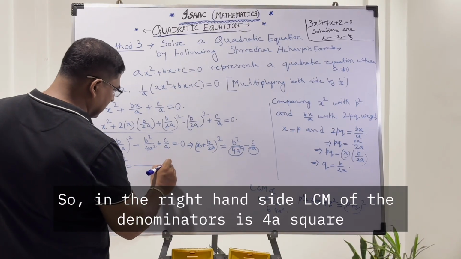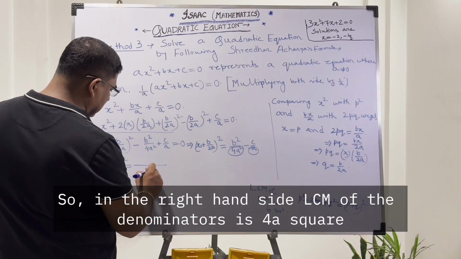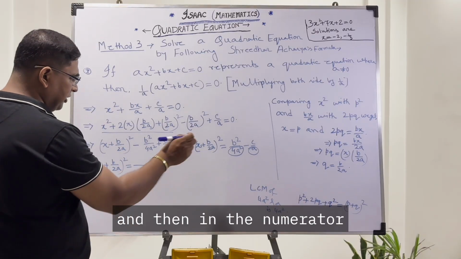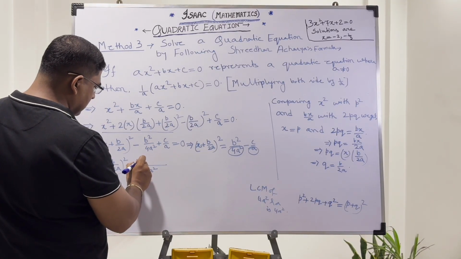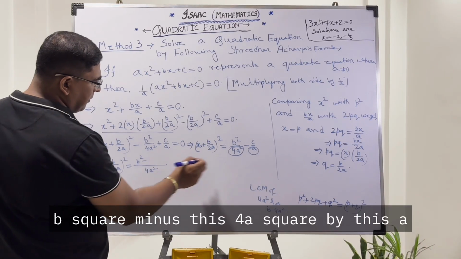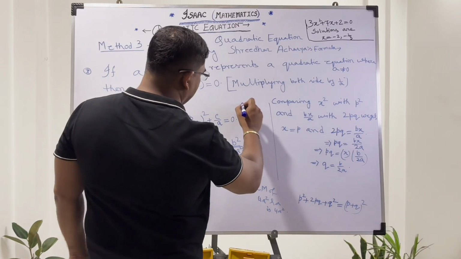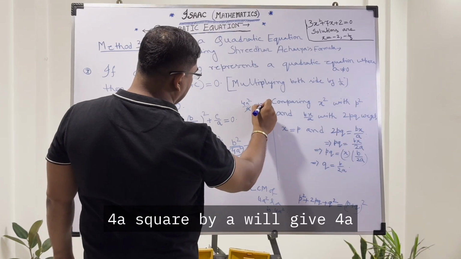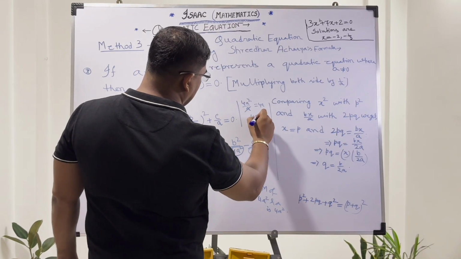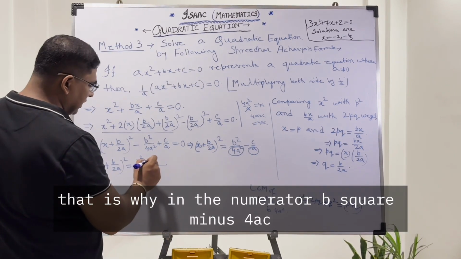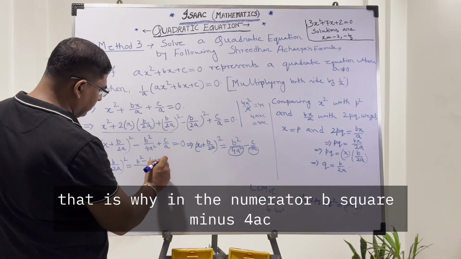So in the right hand side the LCM of the denominators is 4a square, and then in the numerator, b square minus this 4a square by this a. 4a square by a will give 4a. 4a into c will give 4ac. That is why in the numerator b square minus 4ac.